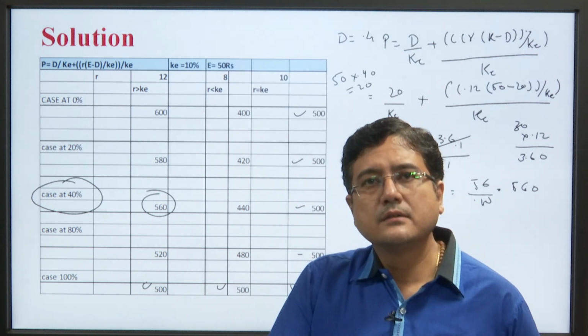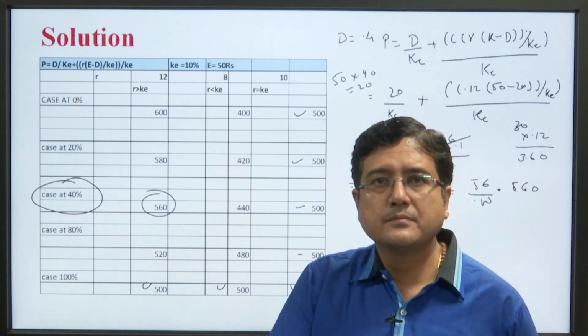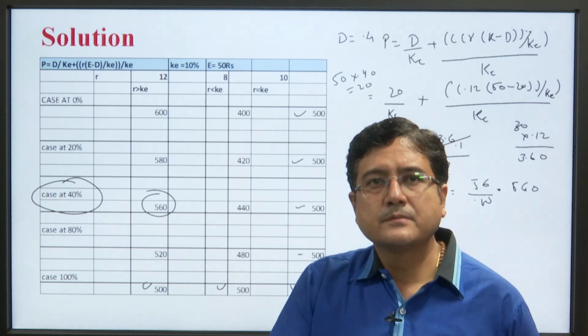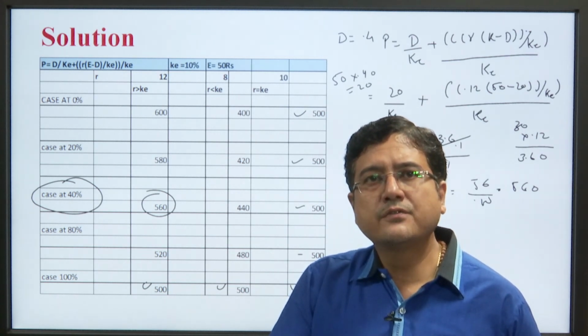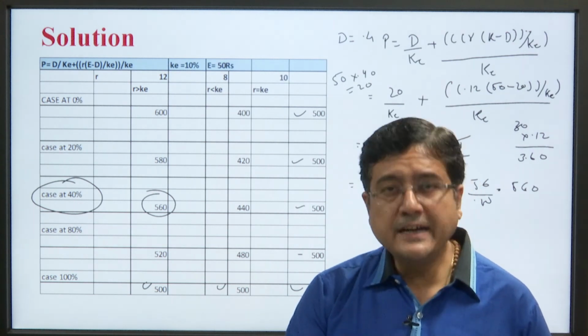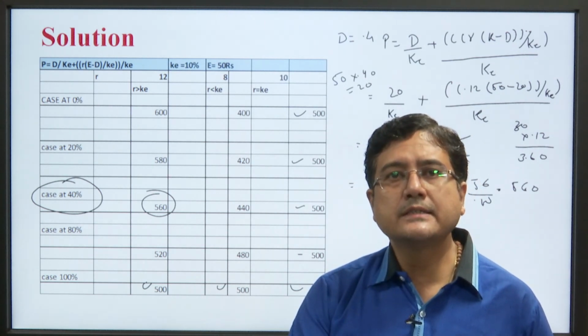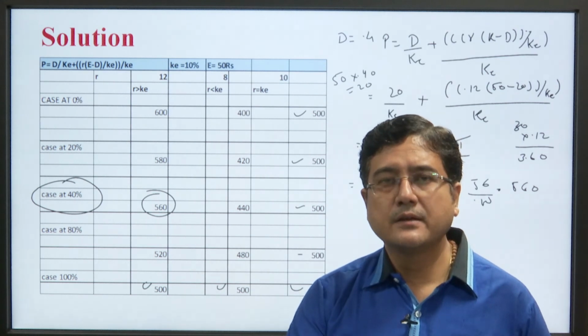In the previous example, when R is equal to Ke, the price of the share remains the same, and when R is greater than Ke, then the price of the share differs from the 0 case to the 100% case. So, the company needs to pay accordingly.